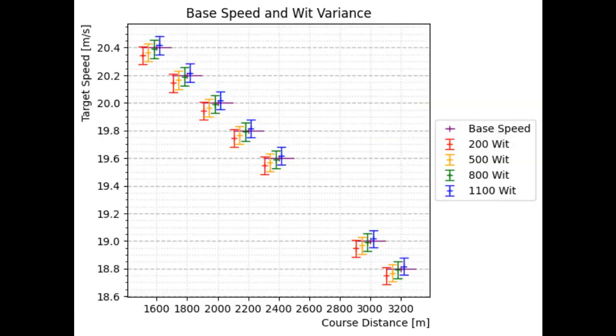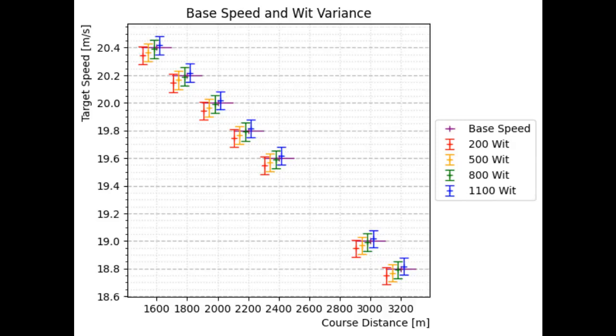Next, the purple data points show how base speed is affected by the course distance. The other colors show the range of width variance. 24 times in a race, a horse changes their target speed, choosing a new random value within the range.